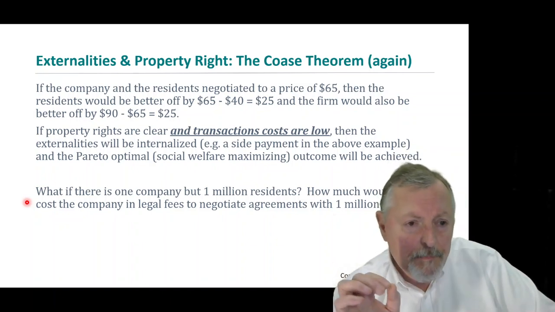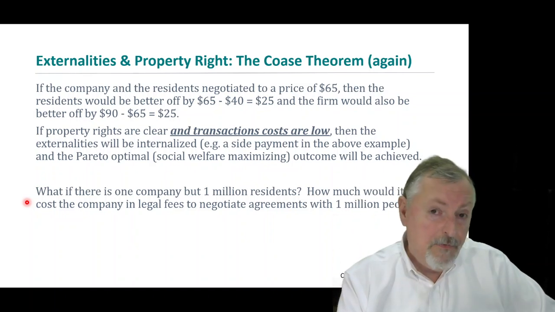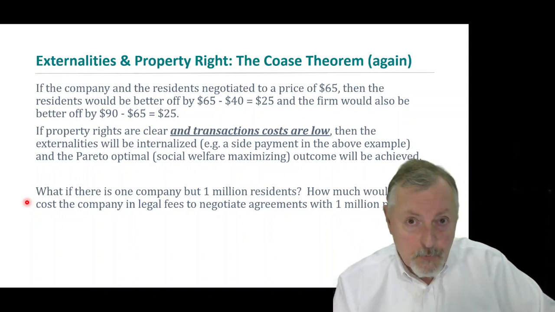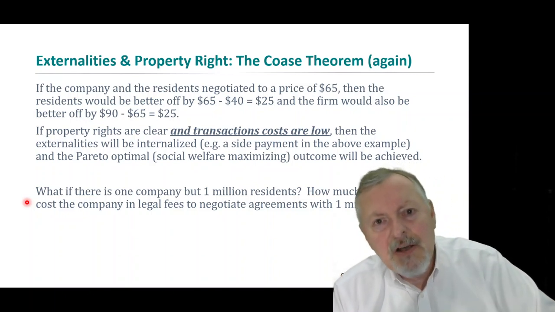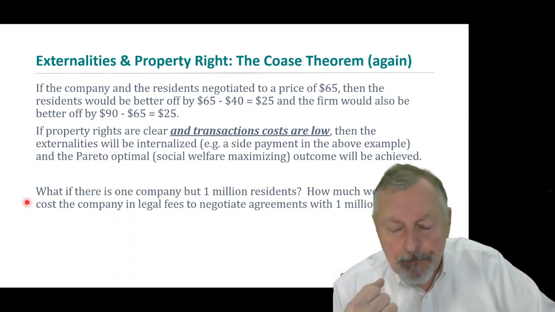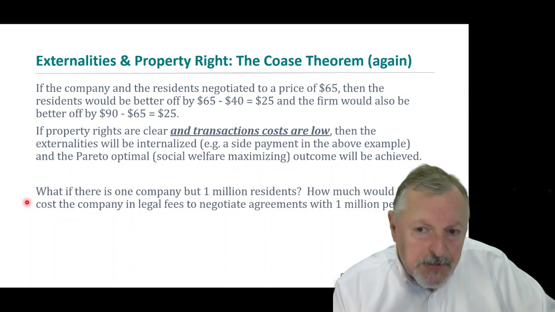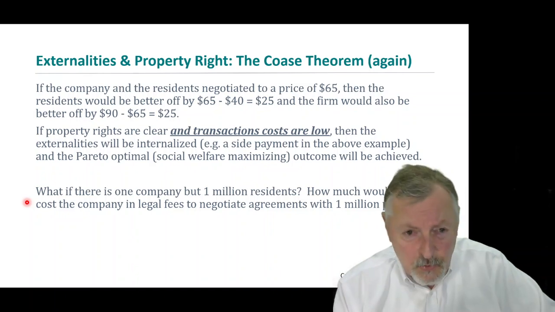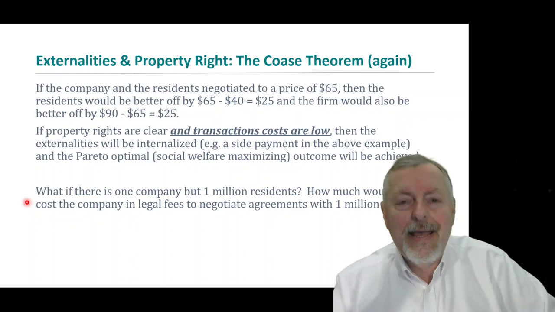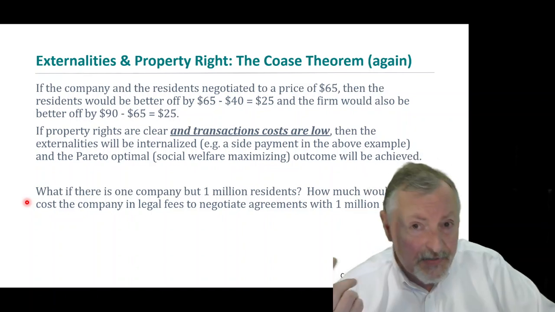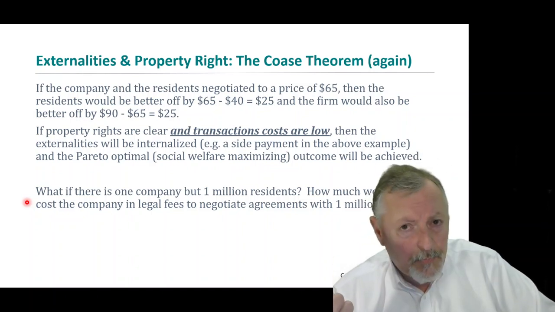So we tend to fall back on just government regulation, which we know does not reach the Pareto optimal outcome. It can't. But if it's better than the current situation, you do it anyway, because the perfect can't occur due to these problems of transaction costs and lack of well-defined property rights.